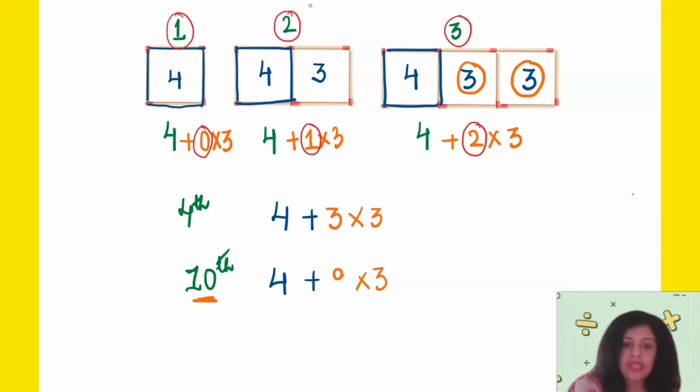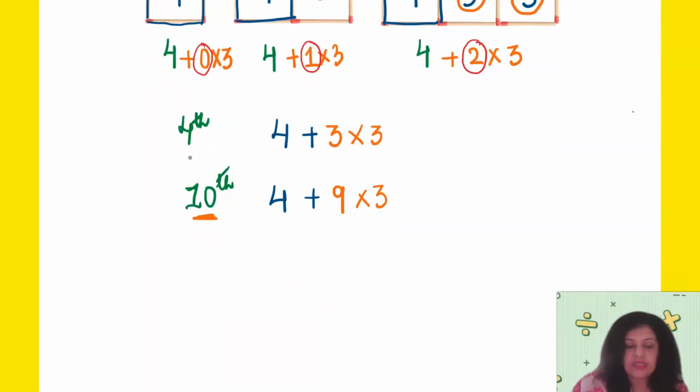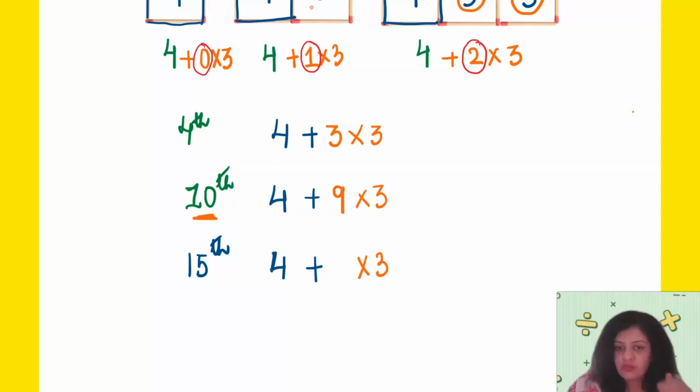So it will be 9 groups of 3. Then let us find out for the 15th shape. The first square is made up of 4 matchsticks plus how many 3's would we have to add so that we get 15 squares? So 14 groups of 3.